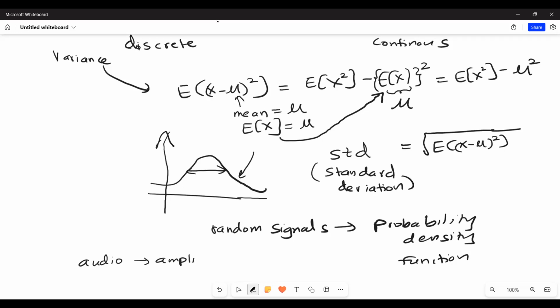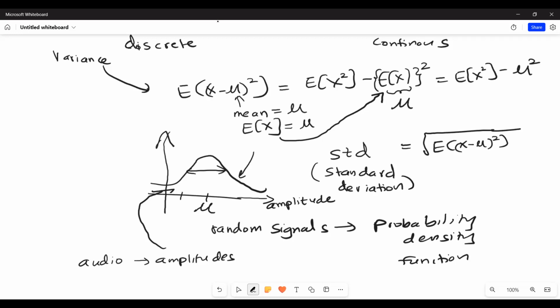If we plot the probability density function of those amplitudes, taking the amplitude as the random variable and plotting the probability of each amplitude occurring using the experiment, then I can find the amplitude that occurs most of the time. That average value, I can say, is the mean of that distribution.